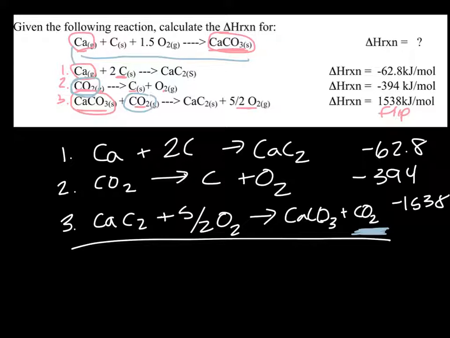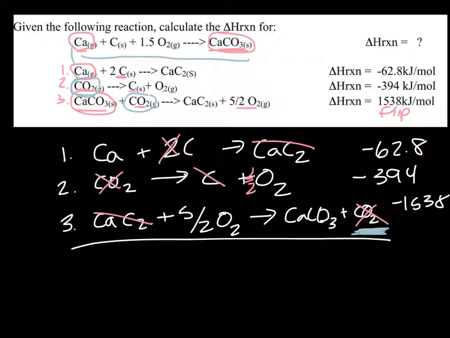When I add these all up, our calcium carbide cancels. One of our carbons cancel because we had one in the product and one in the reactant. Our carbon dioxides cancel. And this is like 2/2 oxygen and 3/2 oxygen.